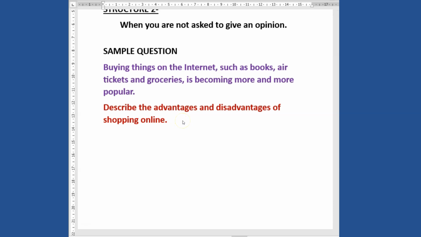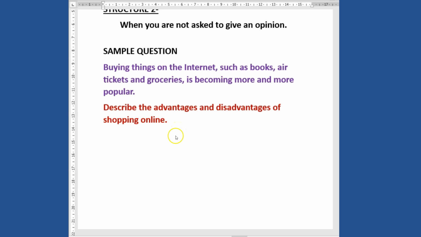From this question, you realize that it's just stating that we should talk about the advantages and disadvantages of shopping online. It didn't ask you to state whether one of them outweighs the other. So all that you need to do is to talk about the advantages and disadvantages in each paragraph, and that will be all for this particular lesson.